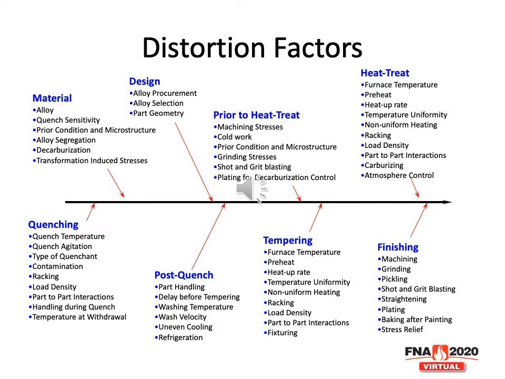For instance, the load density: is the entire load being heat treated uniformly? You can also have part-to-part interactions, banging onto each other, carburizing, atmosphere control. All these things contribute to distortion and residual stresses. And we haven't even talked about quenching yet.